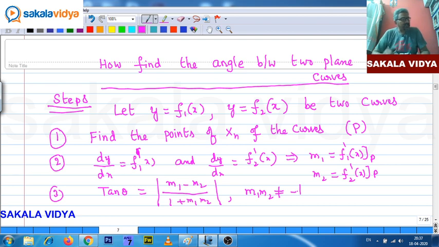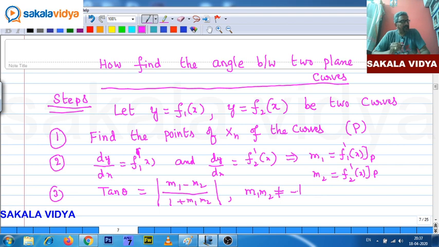Now, special cases also may occur whenever we are going to find out the angle between two plane curves. For example, if you get directly m1 is equal to m2, then the two curves touch each other. Suppose if m1 into m2 is equal to minus 1, they cut orthogonally.